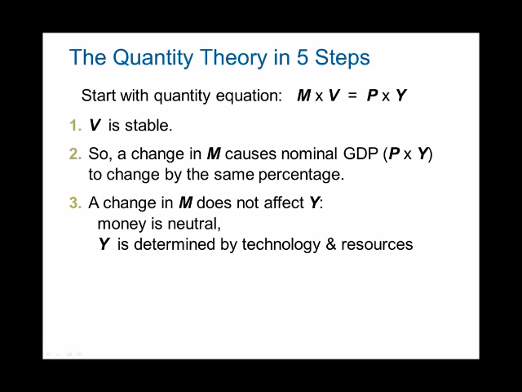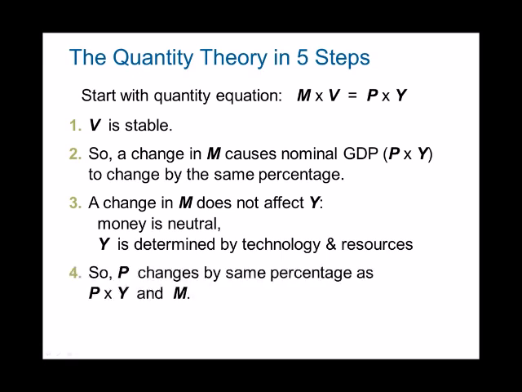According to classical economists, a change in money supply does not affect Y, because money is neutral, and Y, which is our productivity or GDP measure, depends upon technology and the resources available in the economy. Like what we talked about: human capital, physical labor, physical capital, natural resources, and the level of technology in the economy.